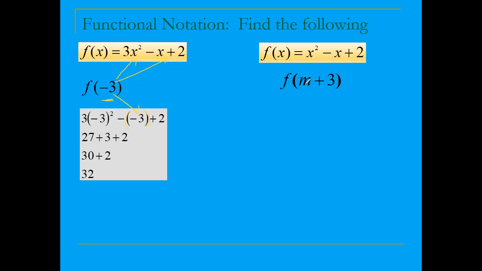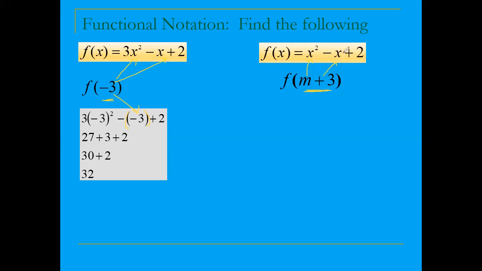The same way, if x is giving us let's say a combination of terms or an algebraic expression, you need to follow the same rule. Substitute x wherever you see x. So you substitute your m plus 3 wherever you see x, okay?